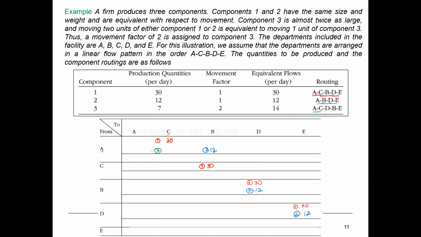But as we explained already, that has a movement factor of 2. So even though we're moving 7, that represents an equivalent flow of 14 because of the size. So this is going to be 2 times 7, which is 14.